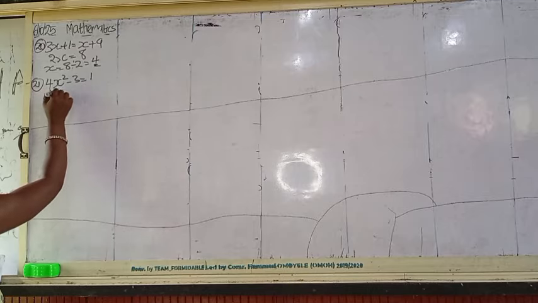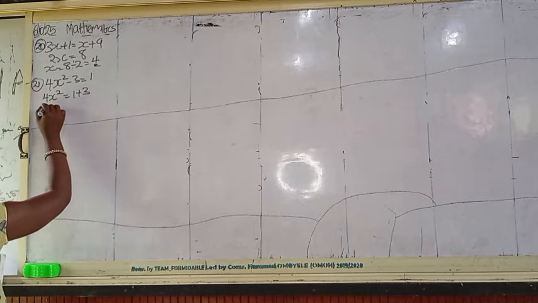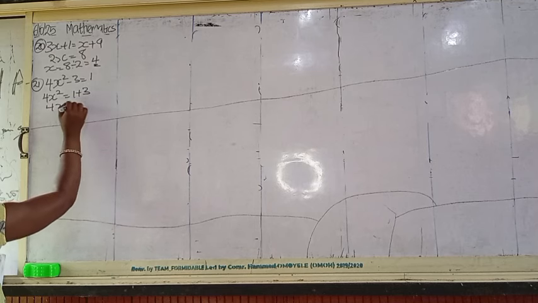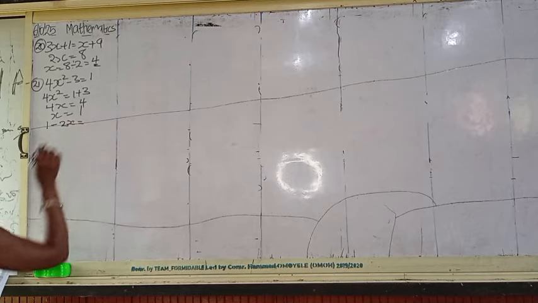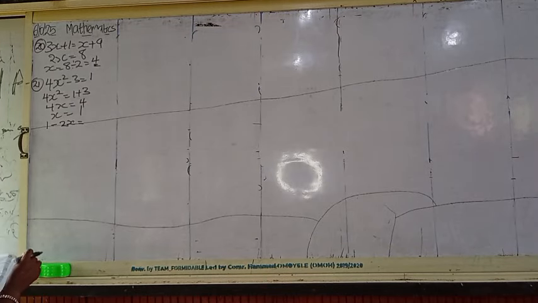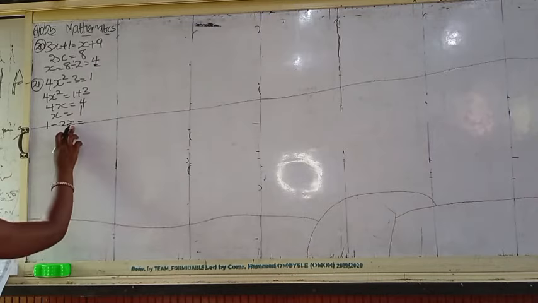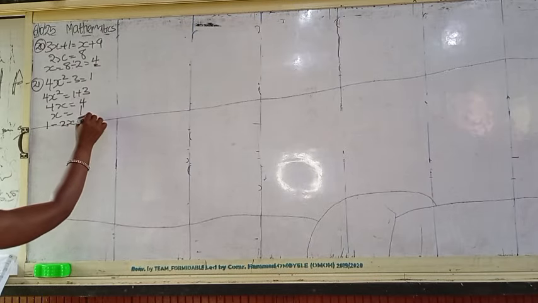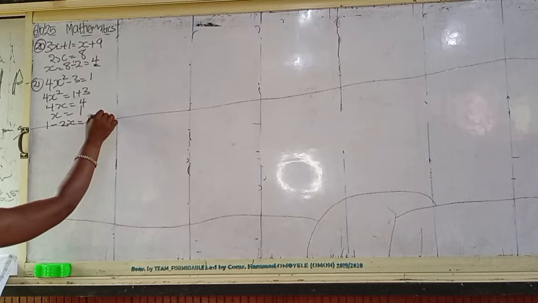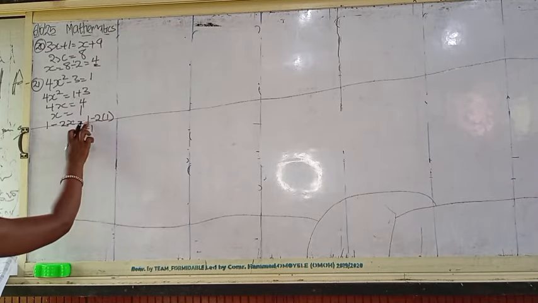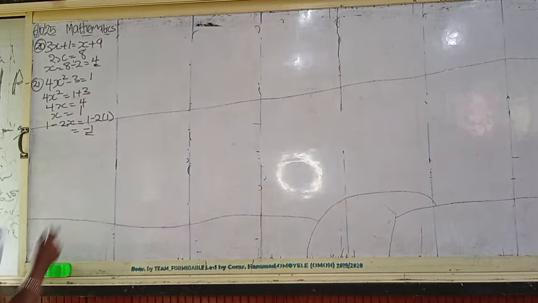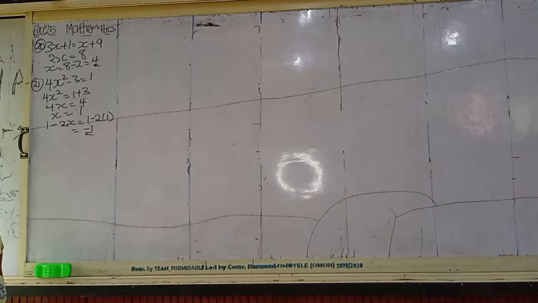That will be 4x squared is equal to 1 plus 3, and that will be 4x squared is equal to 4, so x is equal to 1. Then we find 1 minus 2x, our x is 1 now, so 1 minus 2 bracket 1, and that is equal to minus 1. So our answer there is minus 1.